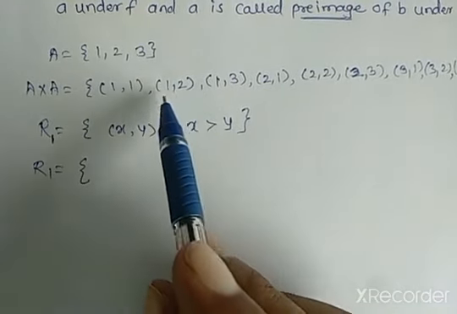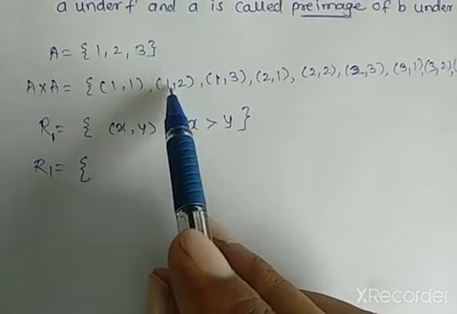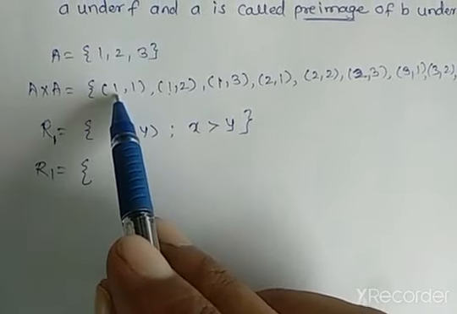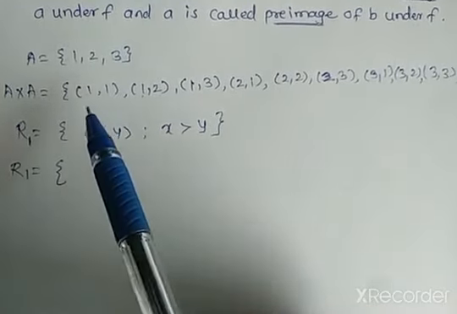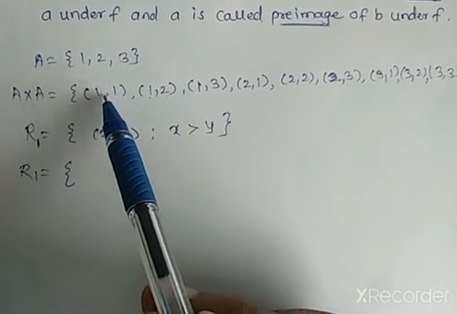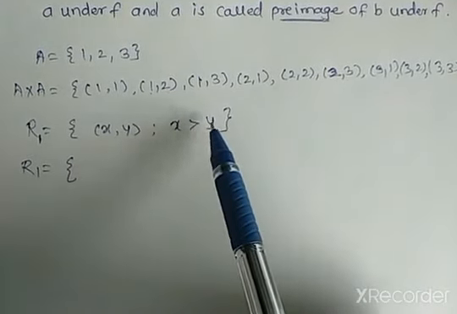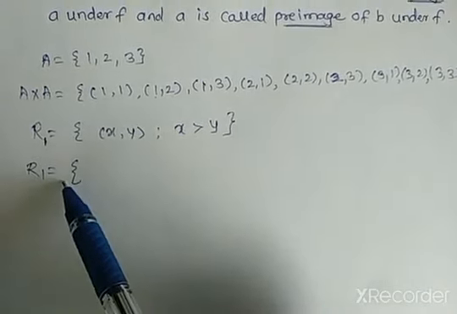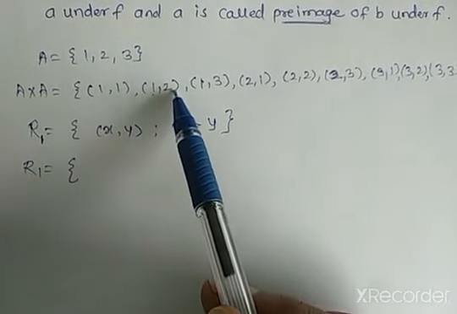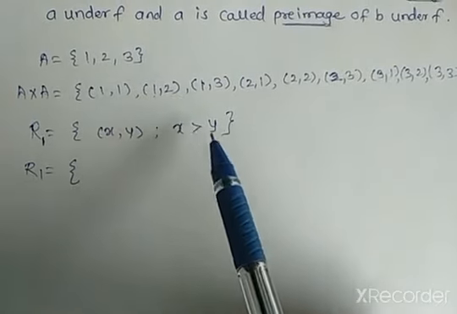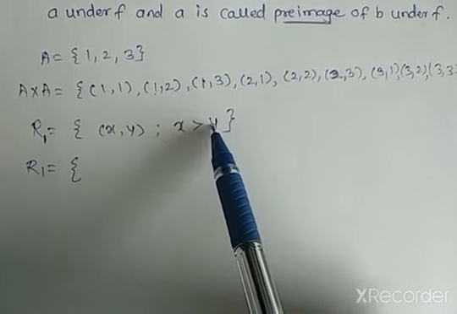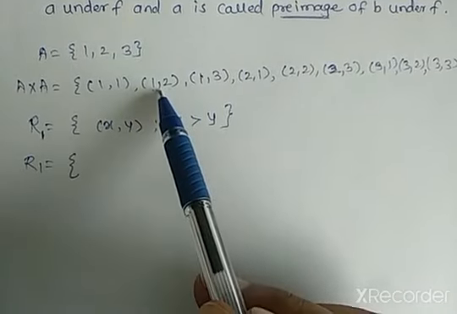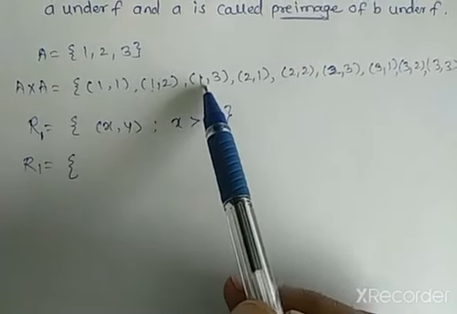From A × A, first (1,1): 1 and 1 are equal, so it cannot be present in R1. Next (1,2) is also not present because 1 is less than 2, so this ordered pair will also be absent. Likewise (1,3).